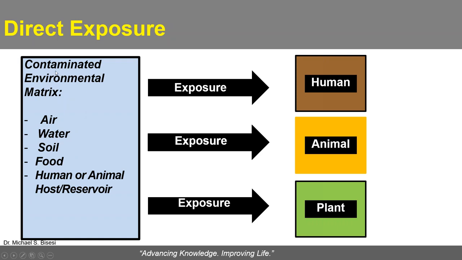And so once there's some source in the environment, whether it's indoors or outdoors, that results in contamination of a matrix by virtue of using the air, everybody has to breathe, so that means we're inhaling air. Using water, everybody uses water to drink, to cook, to bathe, etc. Using soil, whether it's direct or indirect, soil is involved and certainly linked with food quality, both vegetative and livestock based. These can become contaminated, and if the contamination is extremely high, we would say it's polluted.